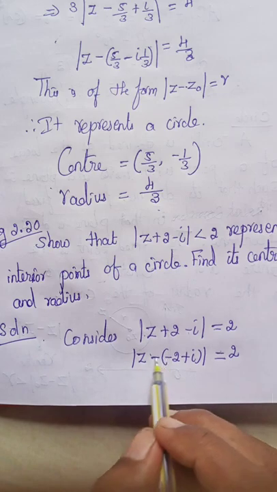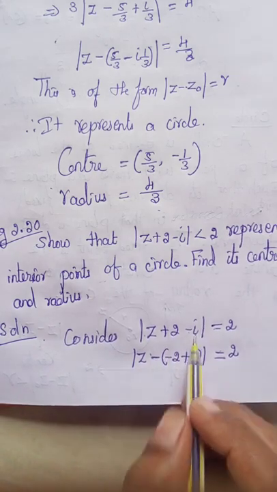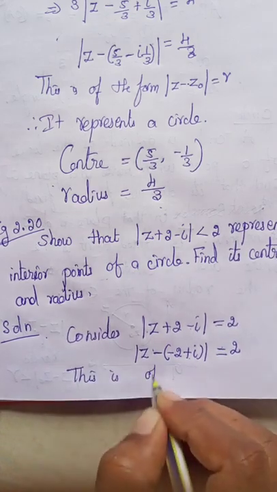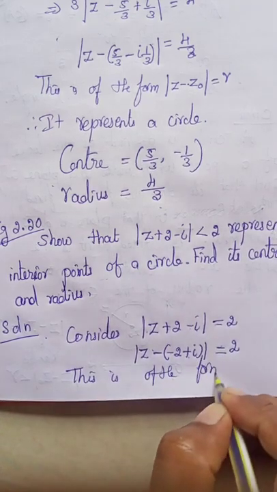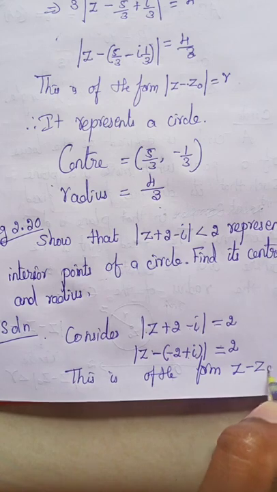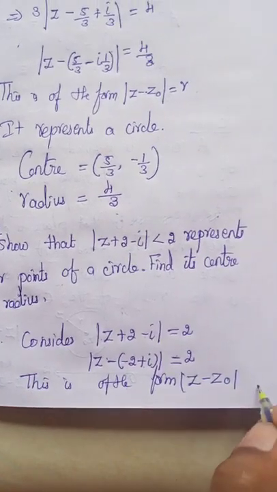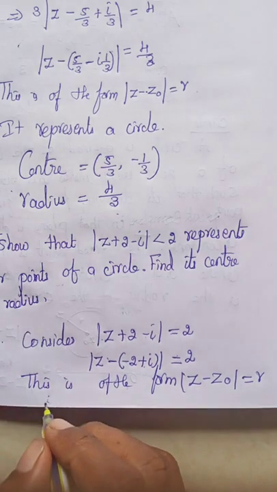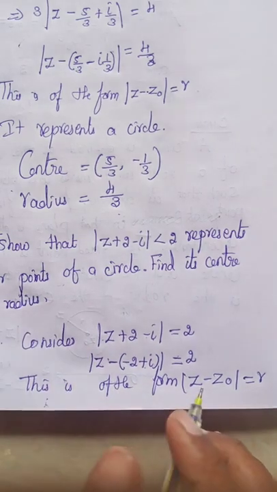See, this is minus into minus 2 and this is minus i. Value has not changed. So I can write this in the form modulus z minus z0 equal to r. Isn't it? Therefore it is a circle.